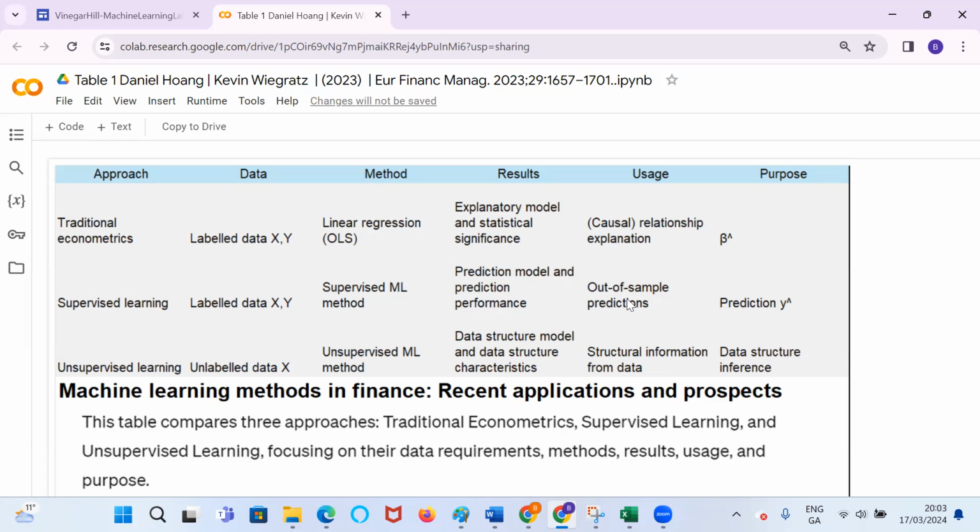And then for the unsupervised learning, we may not even have a particular Y. We just try to let the data tell its own story. So in that sense, we don't understand completely what's happening. We're not sure what the chain of causation is. So in a sense, we have unsupervised, and the structure model and data characteristics and structural information from data structure inference.